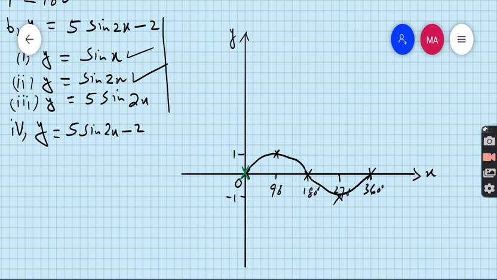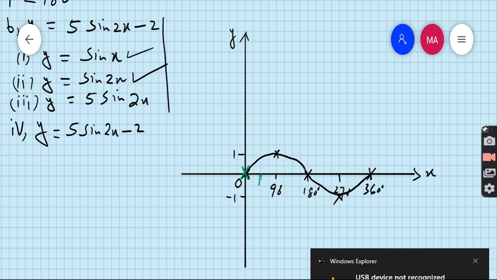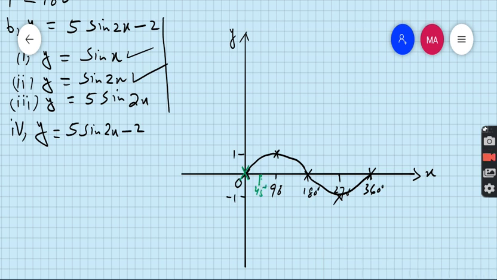I am taking some more angles, like 45. For 45, we get 45 into 2, which is sine 90, and sine 90 is 1.